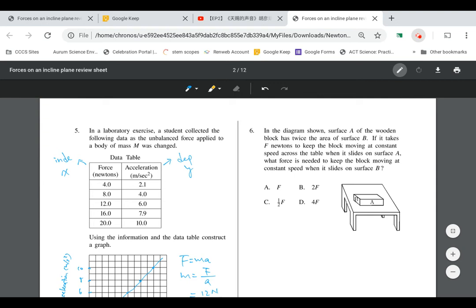So we all know here it says moving at constant speed, right? That means your F net is equal to 0. So if you draw a little free body diagram, the forward force should be the same as the backward force. And we know F equals ma, right? And the mass doesn't change.